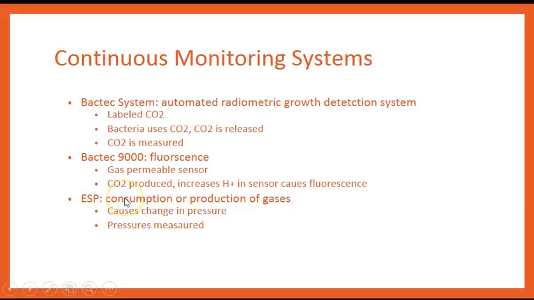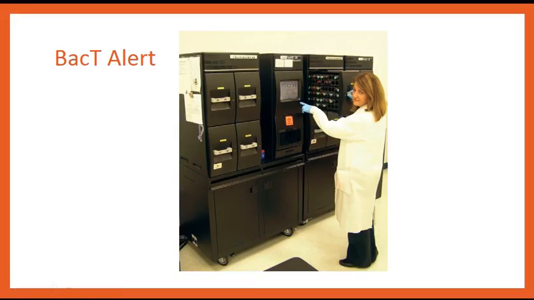The ESP, this name has been replaced by Versatrek. Versatrek is the new ESP, and this monitors the production of gas because almost all the organisms that cause meningitis produce gas that can be detected.